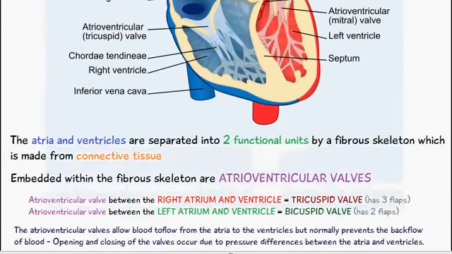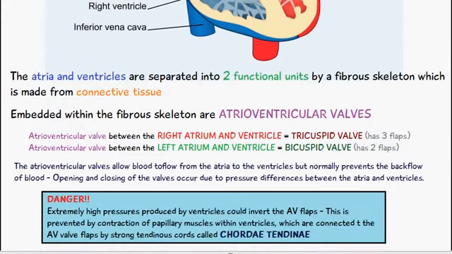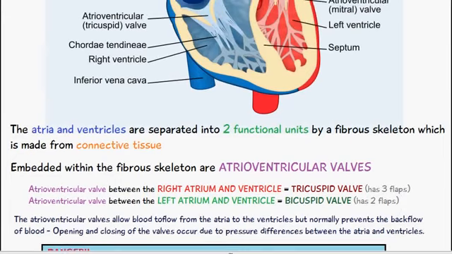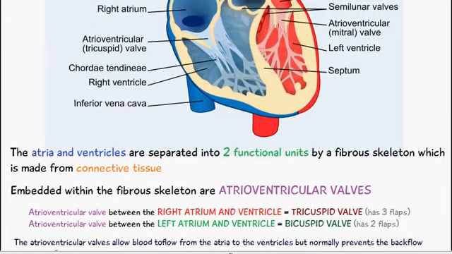Okay, so what we need to bear in mind is extremely high pressures which are produced by the ventricles could invert the atrioventricular flaps. Now what we need to remember is we're just discussing the basic physiology of the heart.